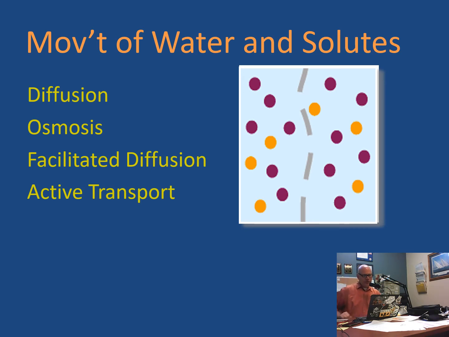So when we think about a semi-permeable membrane, think about a screen, like a screen door or a screen window. Water can pass through that screen pretty easily, and sand can also pass through that fairly easily. Sand actually takes a little bit.